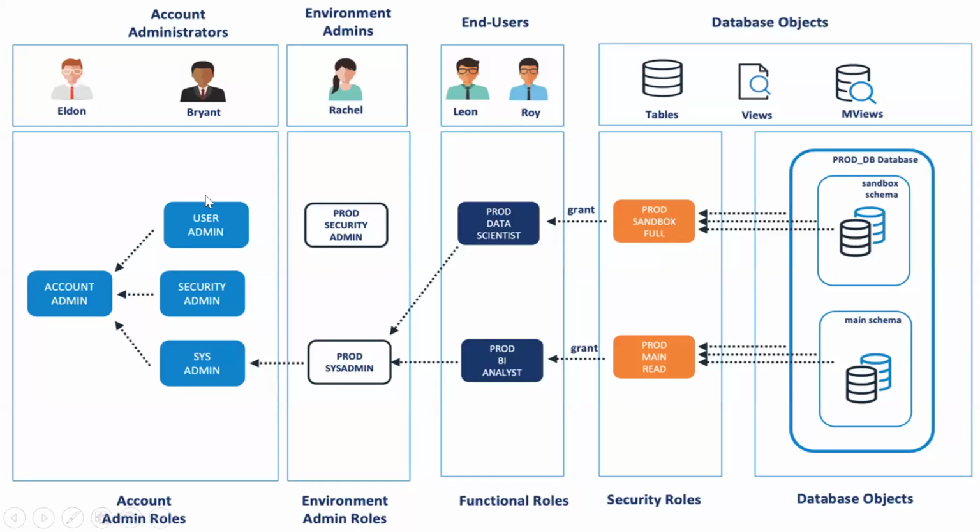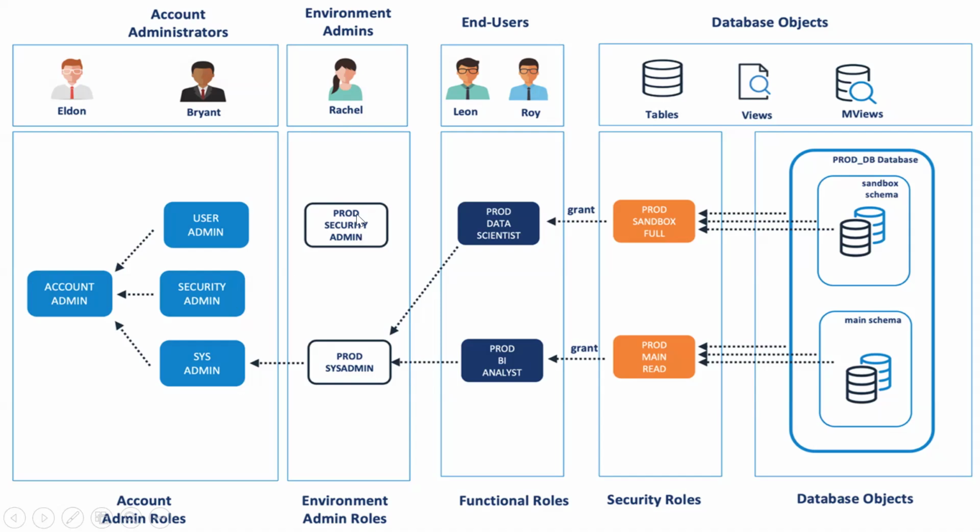See here, Eldon, for example, and Bryant, these two people are the account admins, primary and secondary. Since they both have account admin, they got automatically these three. Correct, no? Yeah. And this lady is a security admin. See, she is not getting direct security admin access.